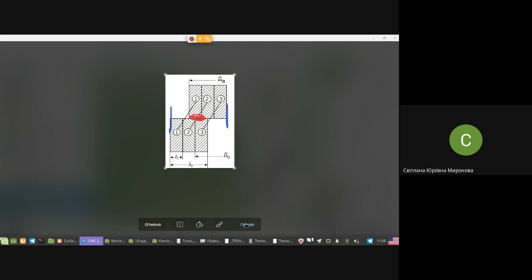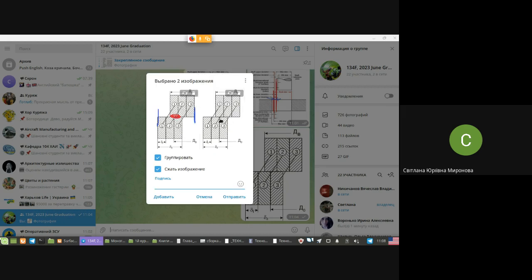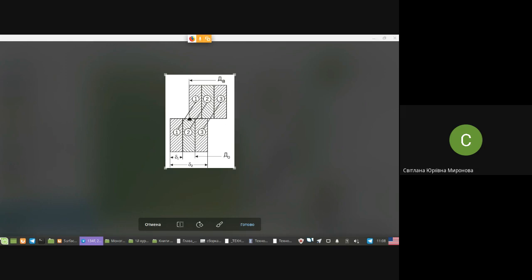What if we have these parts from group number 1, group number 2, or so on? Look at this now. In this case, whatever you do, you have clearance, but the clearance may be of different size. Clearance may be like this, clearance may be like that. One variant of clearance and another variant of clearance.